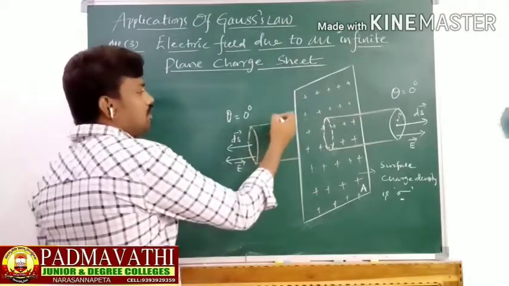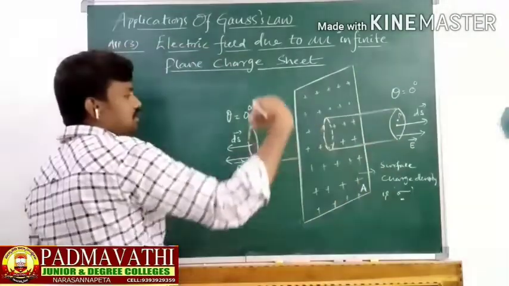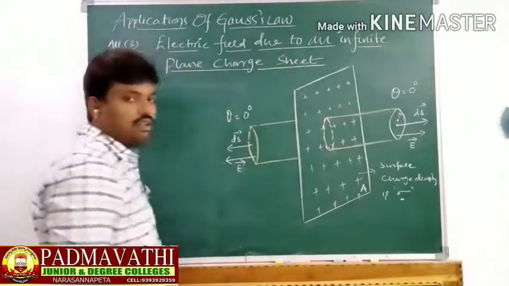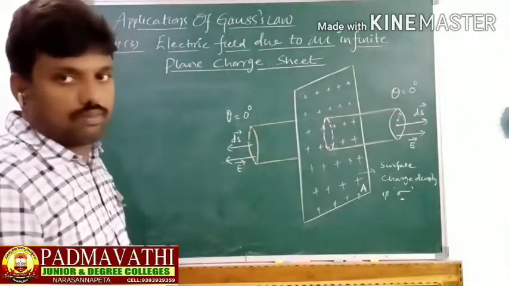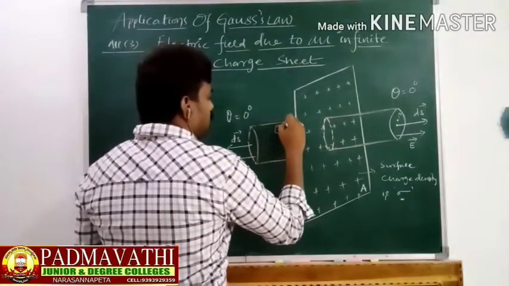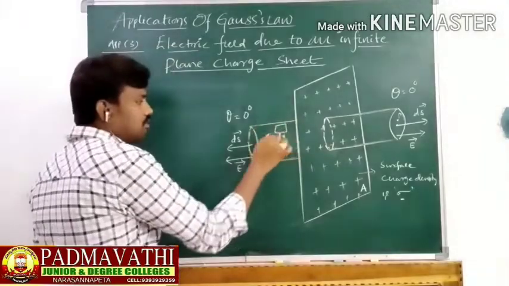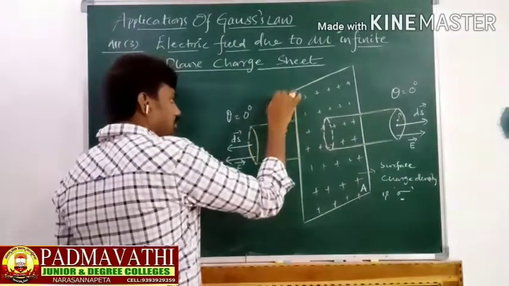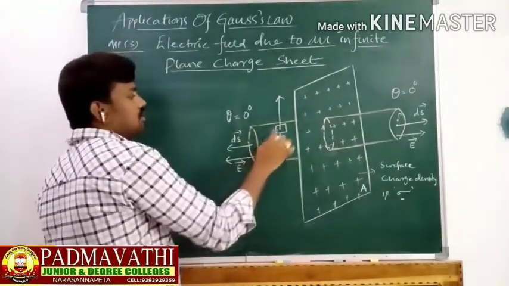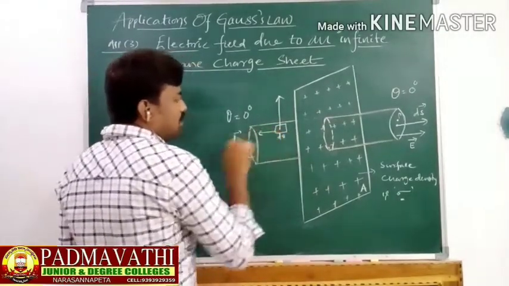Whereas if you see the sideways surface of this cylinder, while you take that particular surface, this is the area vector and this is the surface area. The area vector will be perpendicular to the surface, and E bar will be in this direction.